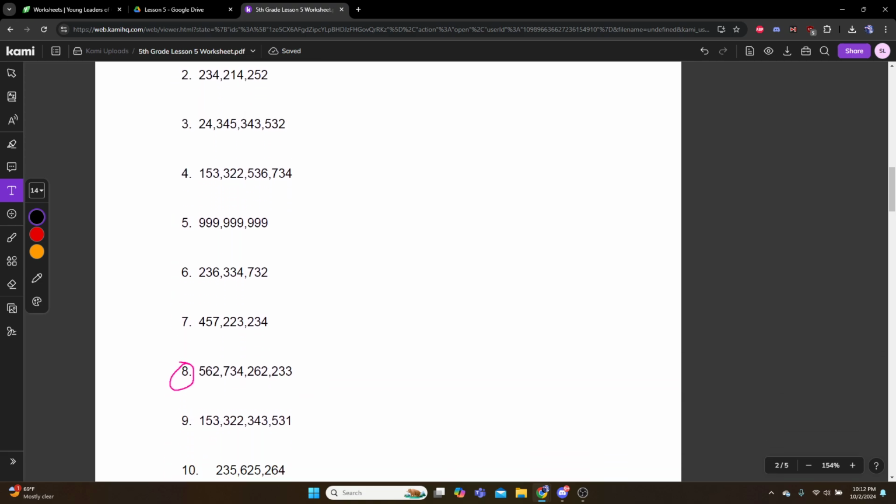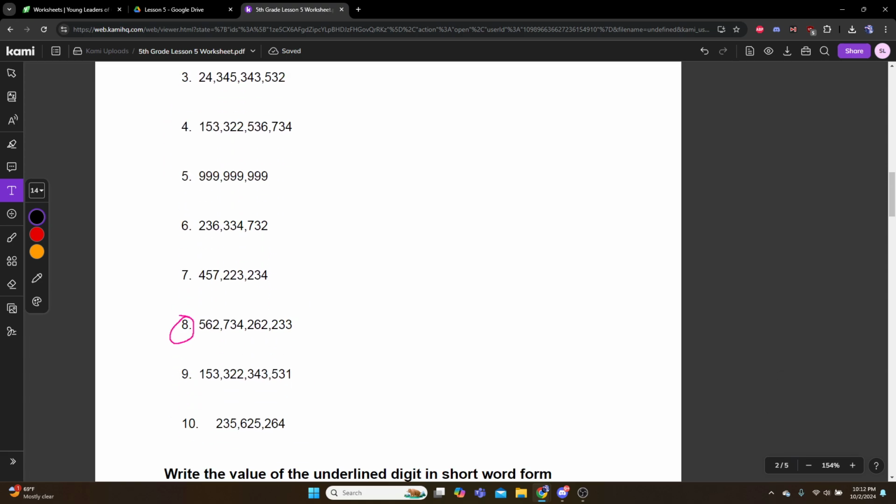And let's try it for a larger data set this time. Instead of 3 numbers, it has 4. So we have 562, 734, 262, and 233. We know that these are all in the hundreds place. We look at the first numbers: 5, 7, 2, and 2.